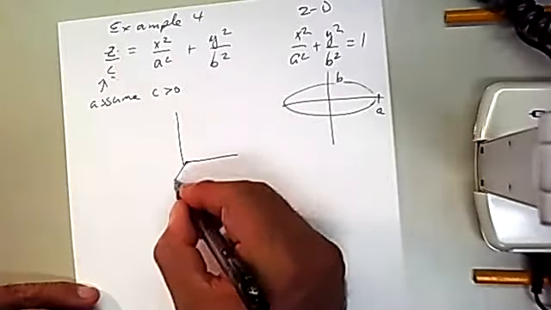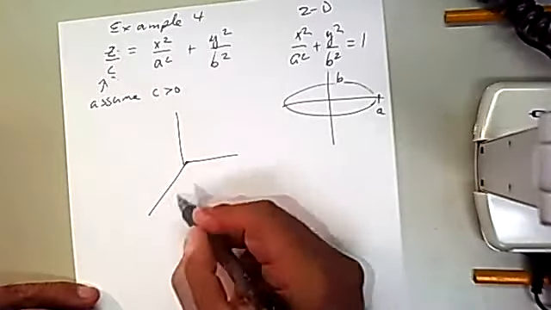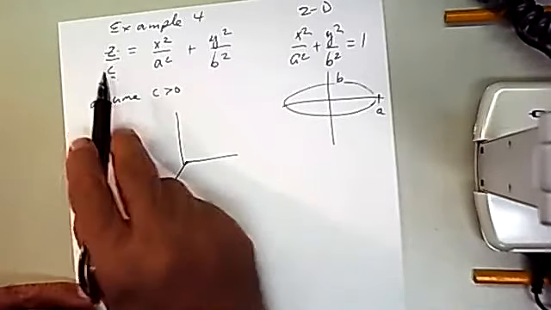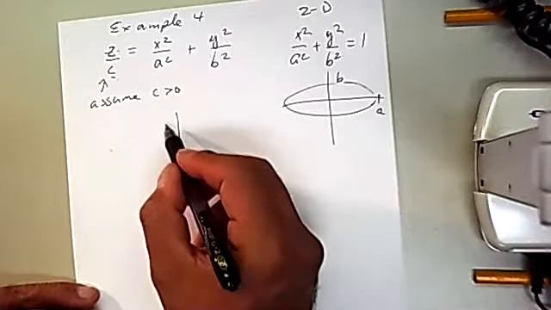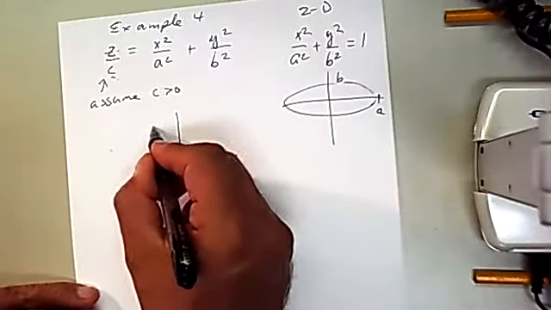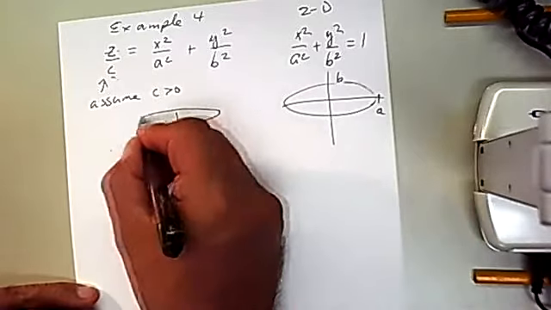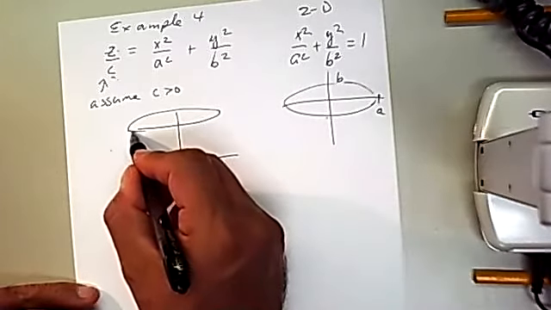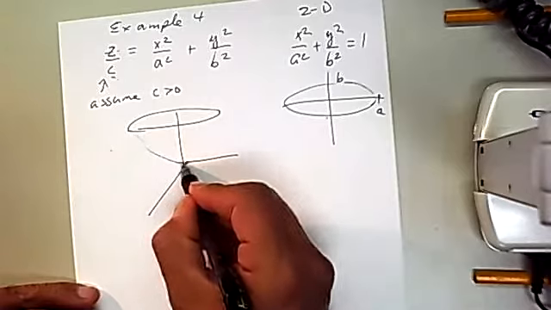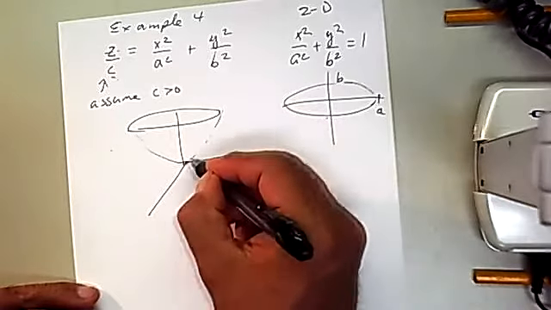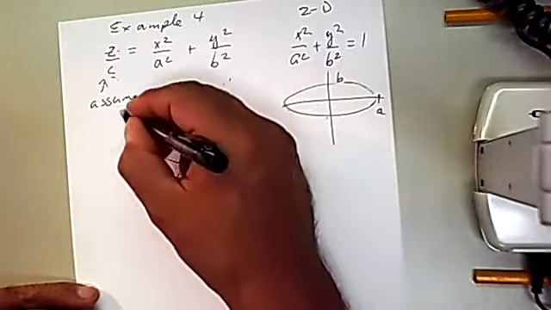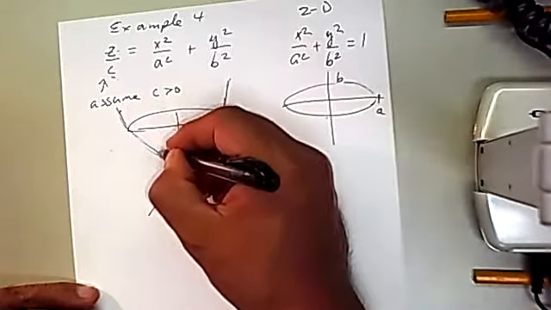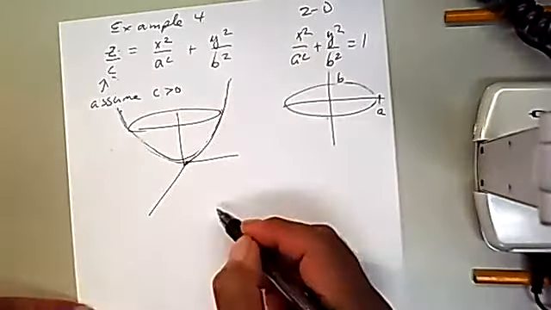So there's the three-dimensional space. We have nothing down here if C is positive. Z has to be positive. When Z is equal to C, we have this ellipse, and then it decreases down to this point in an elliptical fashion, this kind of shape, which is the ellipse.